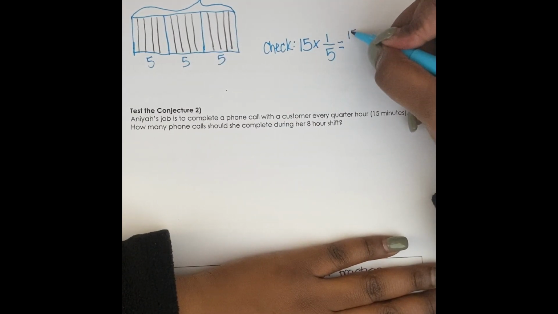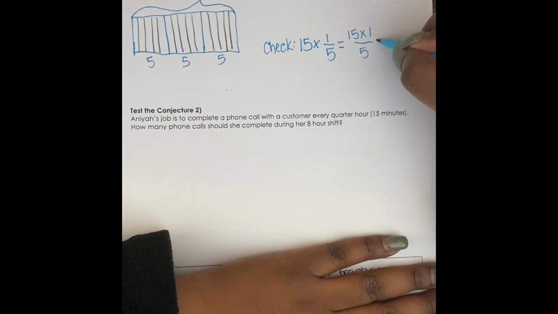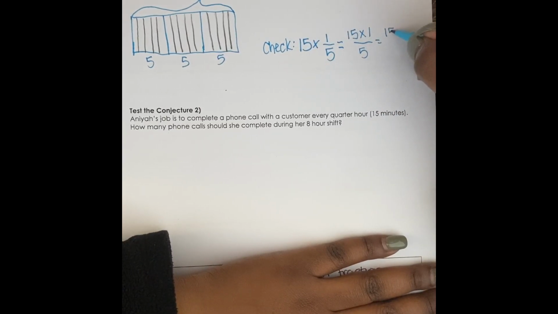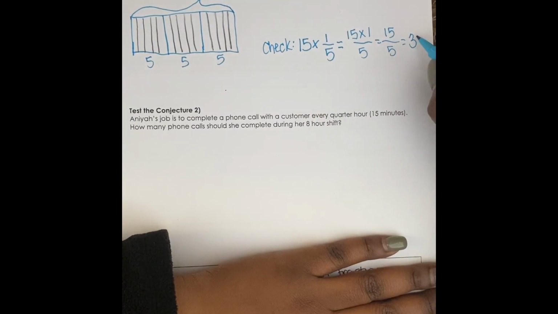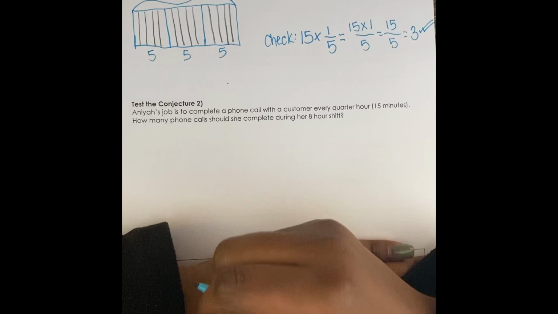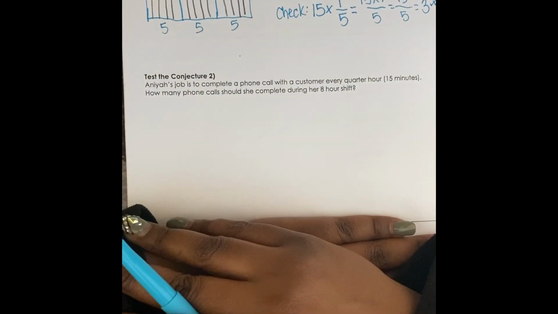So as always, we do whole number times numerator over denominator. 15 times 1 is 15 over 5, which gives me 3. We started off with 3 as our dividend. We ended up with 3 as our product. That is correct. So our conjecture to multiply the dividend by the denominator did hold true.